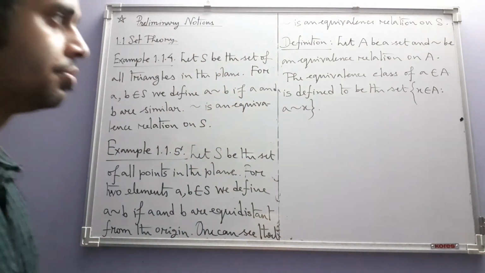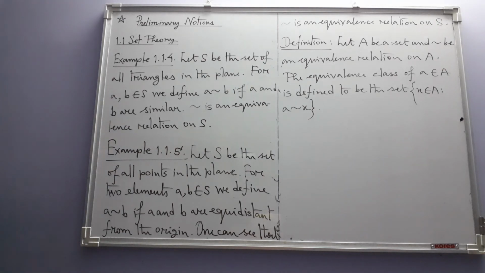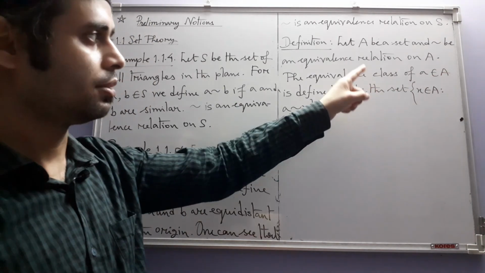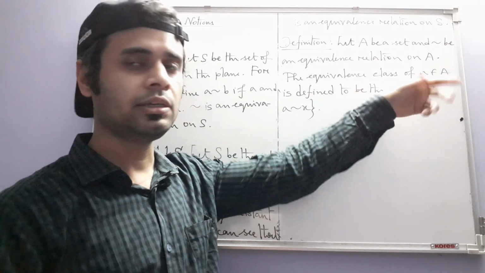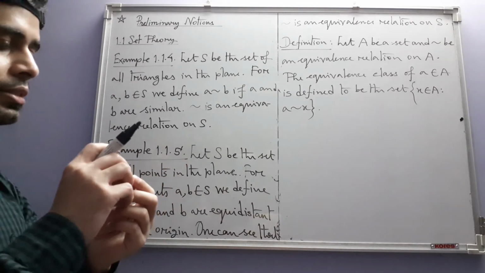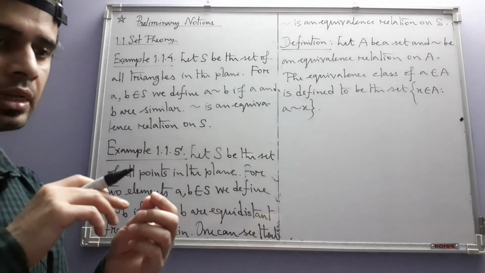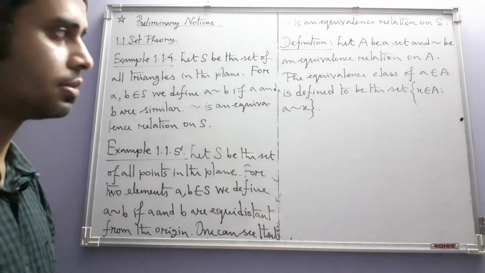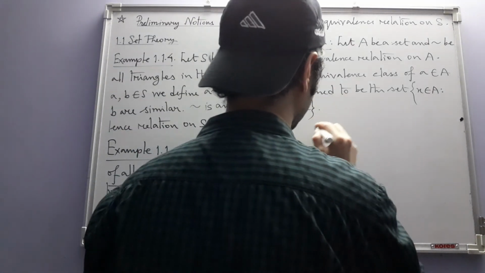So basically, if you have a set A on which there is an equivalence relation, then you choose any element from A. The equivalence class of that element is the set of all the elements that are equivalent or similar to it. Okay, so that is the equivalence class of a.